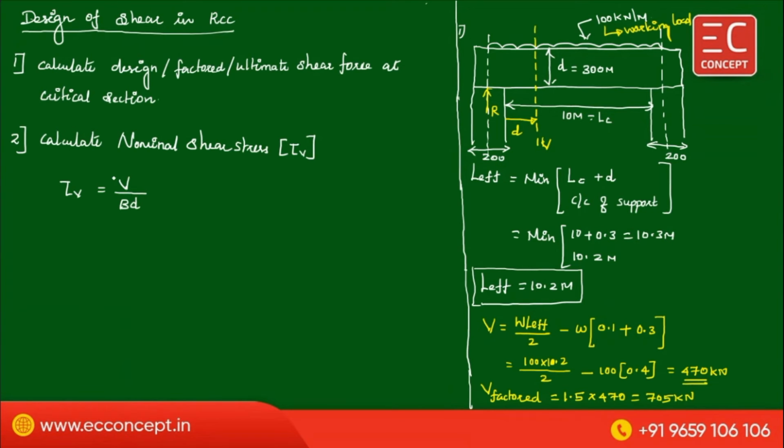What does this point say? Here the condition is tau V shall be less than or equal to tau C max. If so, then the design is satisfactory.